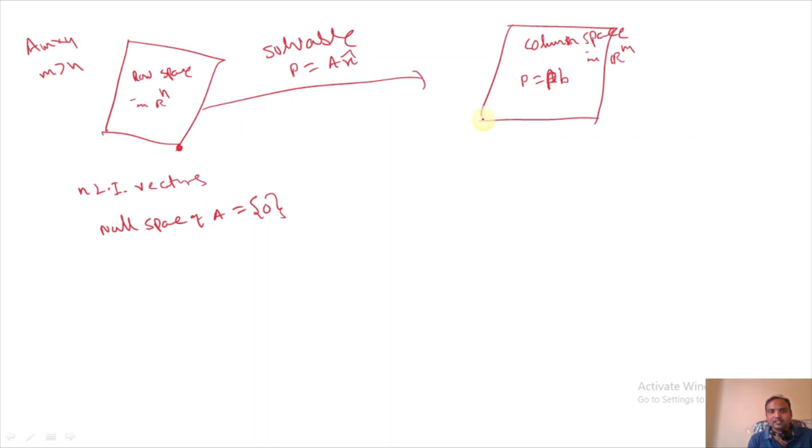So now it's solvable. Suppose it's not solvable, that means the system Ax equal to b has no solution. No solution means that b is outside of the column space.